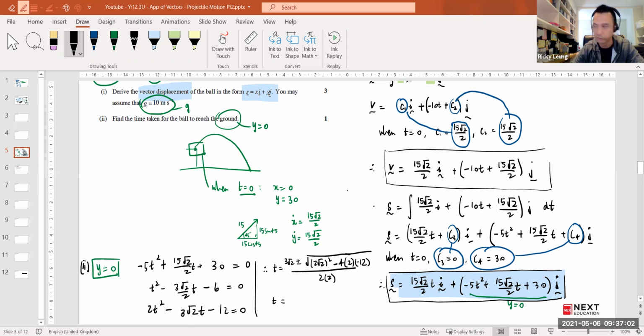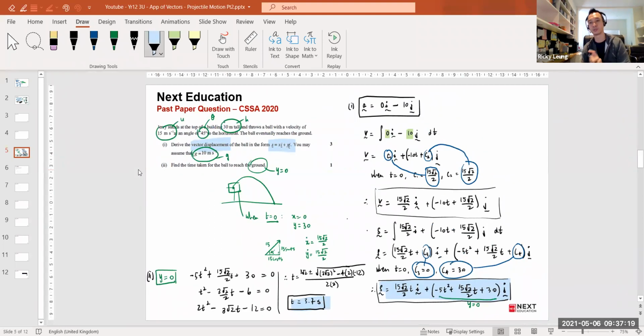And I believe if you did the answer right, one of them's positive, one of them's negative. The positive one's 3.7 seconds. Yeah, 1 mark, not hard. Solving a quadratic, exactly. That's how you do it. 4 marks total, not too bad. Yeah, not too bad, guys.